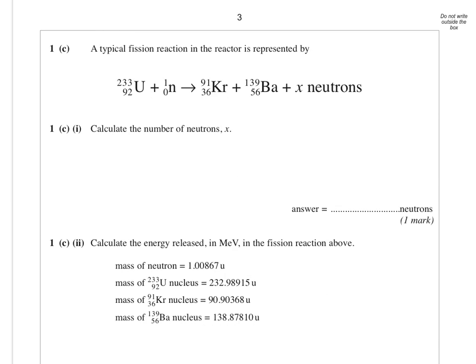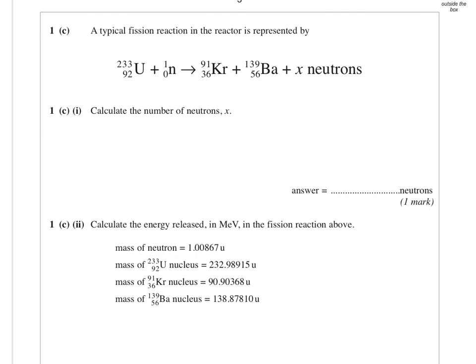Okay, so let's move on. So a typical reaction is represented like this. Calculate the number of neutrons. So essentially this is baryon conservation.